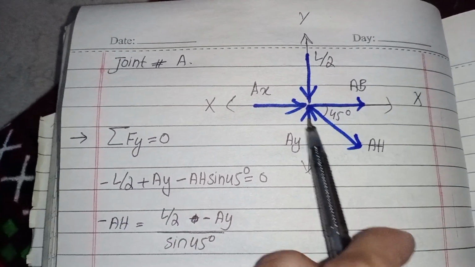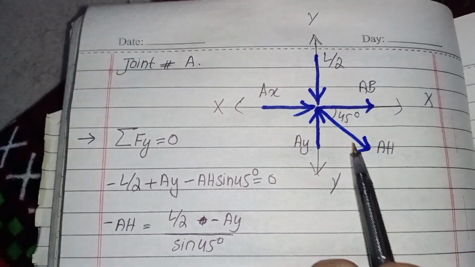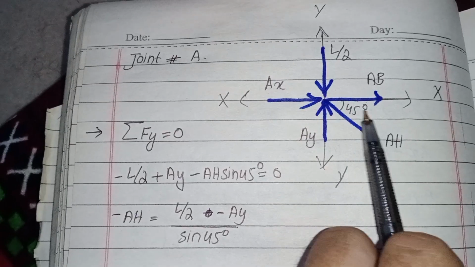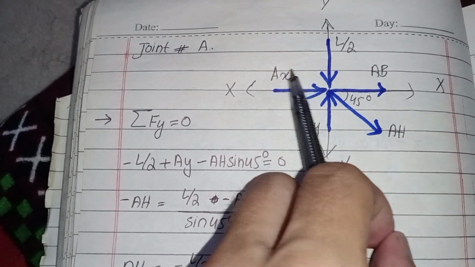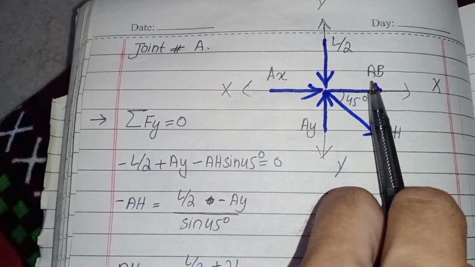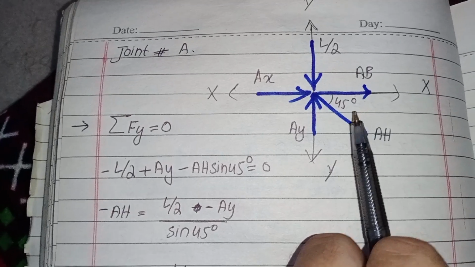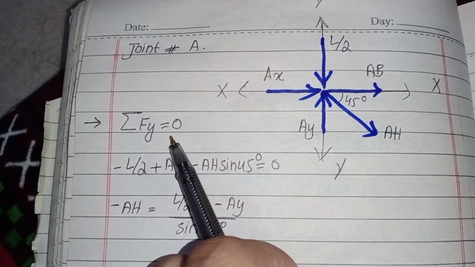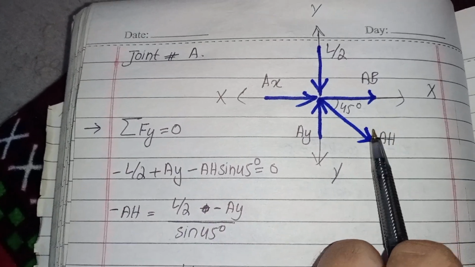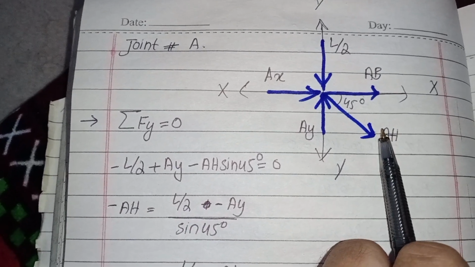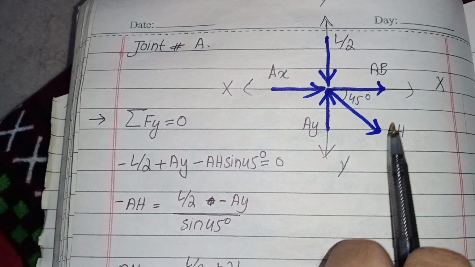So, the summation of all vertical forces acting on this joint. I also assume that all forces in the members are in tension. This is the reaction force, this is the reaction force, and this is the load. I take the equilibrium equation: the summation of all vertical forces is equal to 0, because one vertical force is unknown and the other vertical force is known, so we can easily find the unknown force.